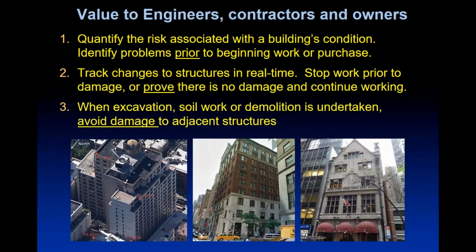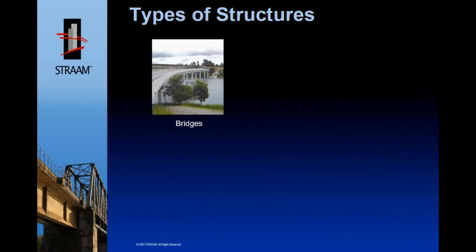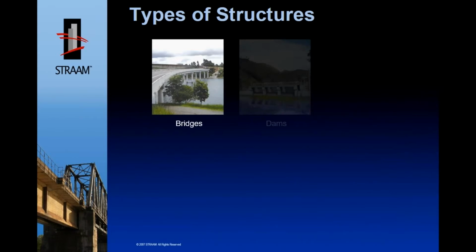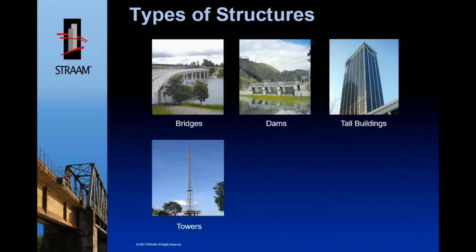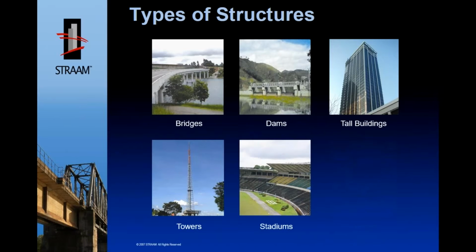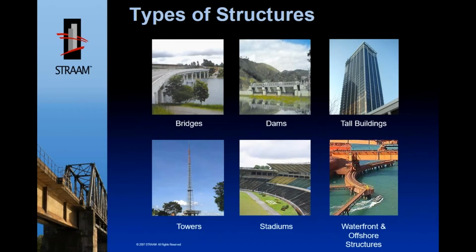Okay. We look at various different types of structure. For instance, bridges, dams, tall buildings, towers, stadia, and waterfront and offshore structures. The point about this is that the technology treats a structure as a system. And we can treat any structure which can be defined as a system.